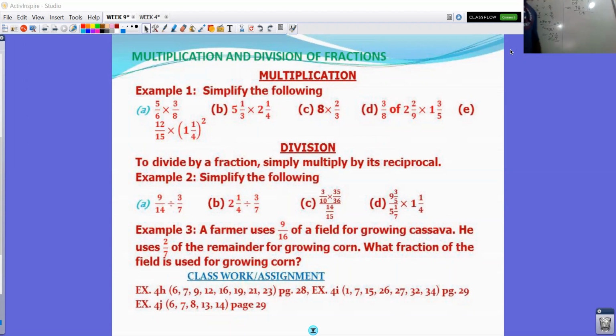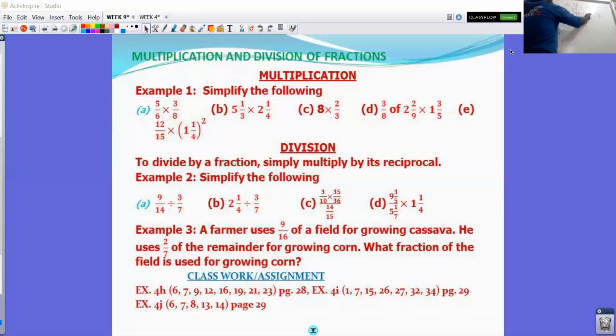Now let's continue. I hope you can see the board. So this is what we must do first. The next thing to do is to change the mixed fractions into improper fractions. So let's change 9 whole number 3/5 into an improper fraction. 5 times 9, 45, plus 3, that is 48/5.